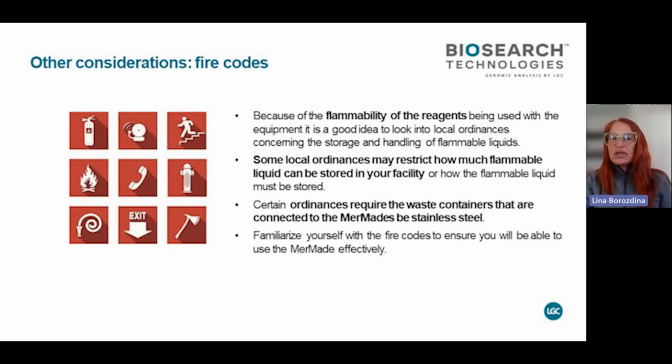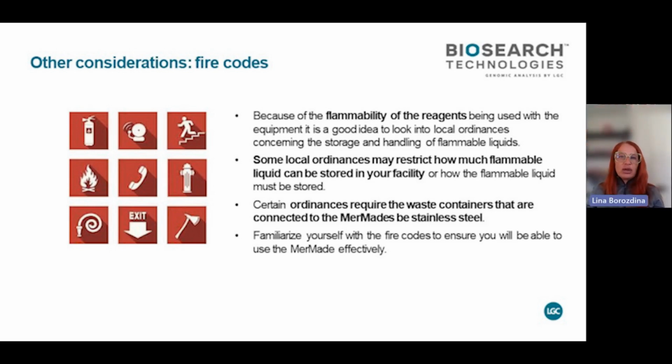So, fire codes. You will need to take into consideration the fire marshal requirements of your local state, of your local city. Make sure that you have a proper amount of solvent allowance for where in the building you are located. In some situations, better to have the chemistry floor on the first floor because it has the highest allowance, and it goes down the higher in the building you go.